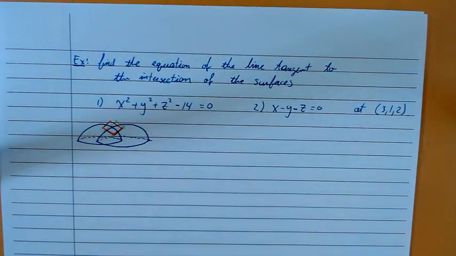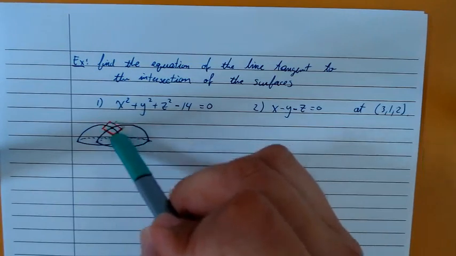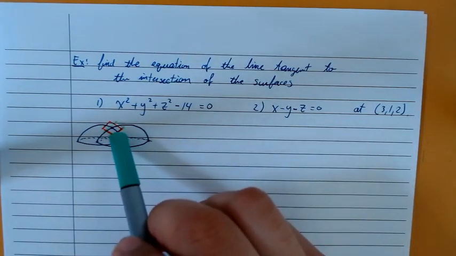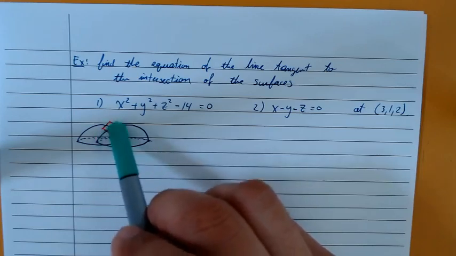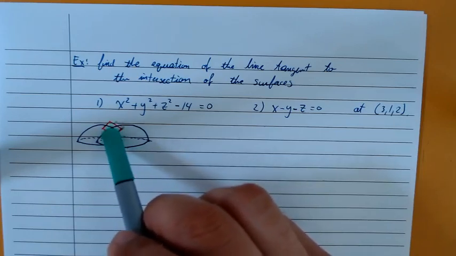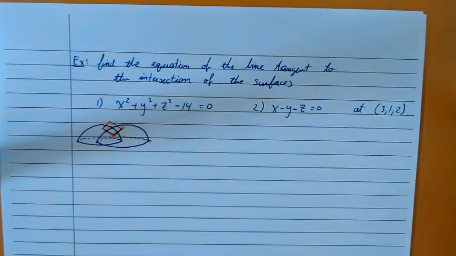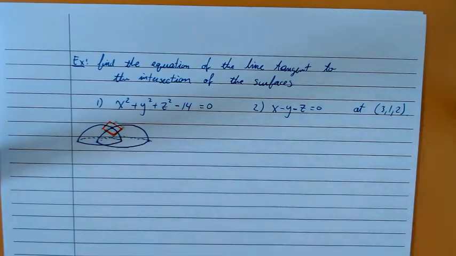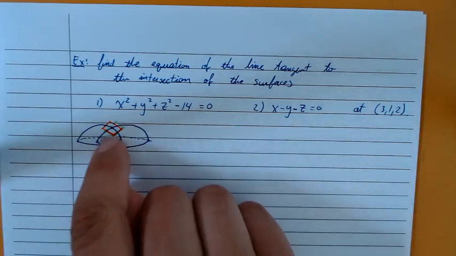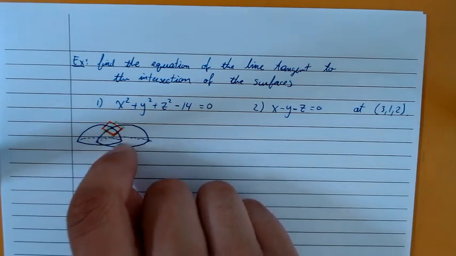But that will also possess all the lines that are tangent to the surface at that point. Well, then since they're overlapping here, there's got to be one line that exists on both of those planes. Right? So what we need to do is find some line that is on both tangent planes.